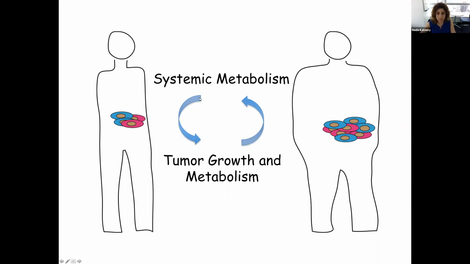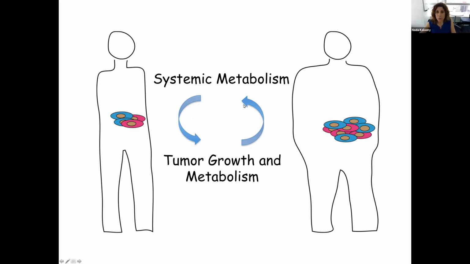And indeed, several epidemiological and other correlative studies have provided evidence for these forward and reverse arrows. For example, obesity is a systemic metabolic state that we know is associated with enhanced incidence and mortality from several cancers, especially the gastrointestinal cancers.